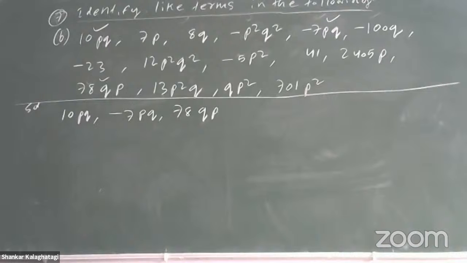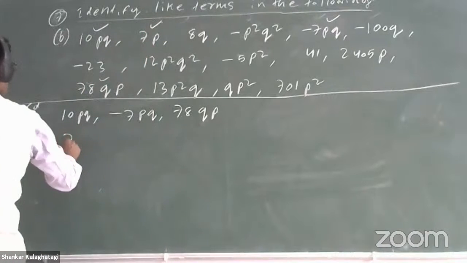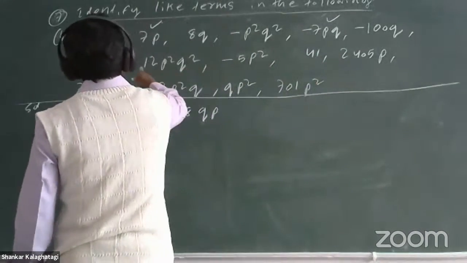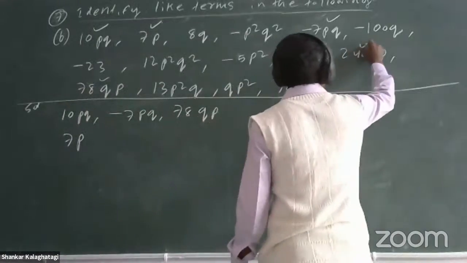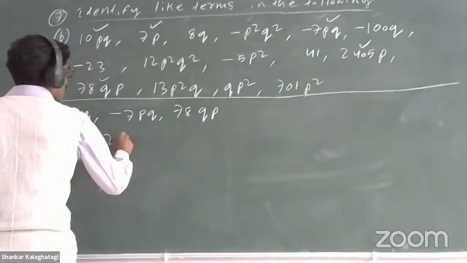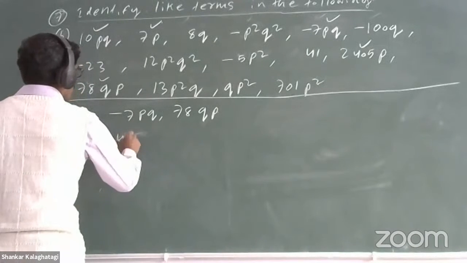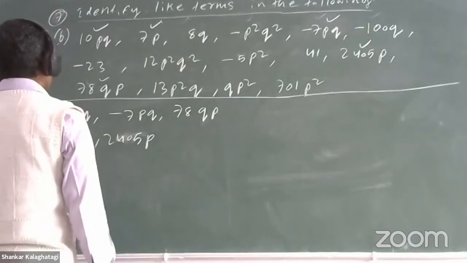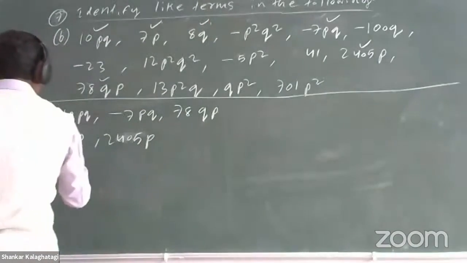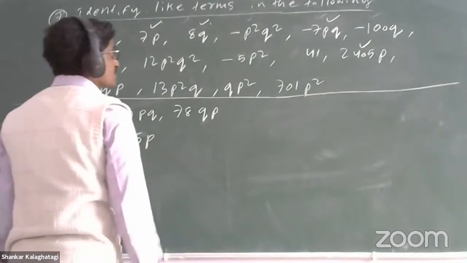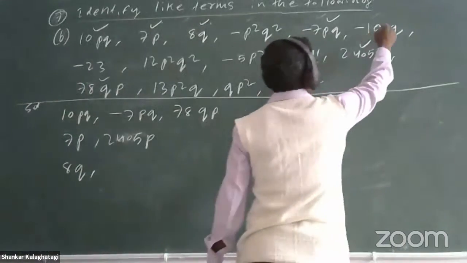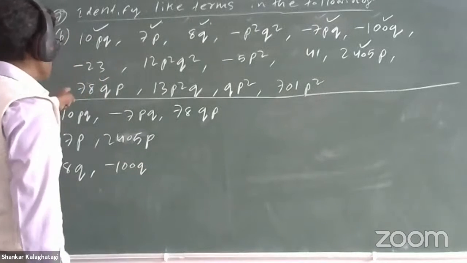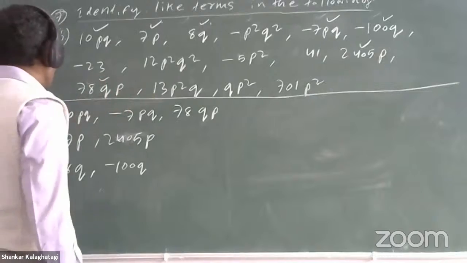Now P only: 7P, next 2405P, here 2400, 405P. Now Q only: 8Q, minus 100Q. Any more Qs there? No, sir, over.